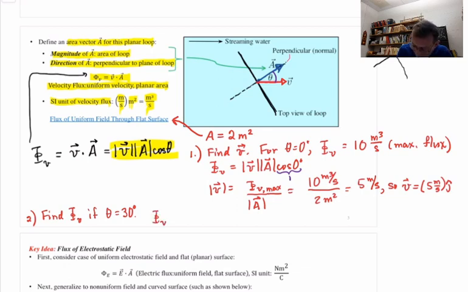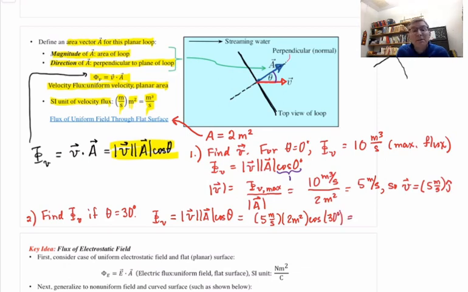Okay, so I hope you tried. Phi sub V equals, from the dot product, magnitude V, magnitude A, cosine theta. Just plug in all those numbers. The magnitude of V we just found. That doesn't change, 5 meters per second. The area, 2 square meters. And then I'm taking the cosine of 30 degrees.